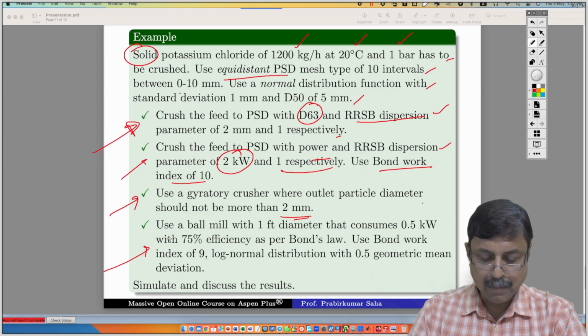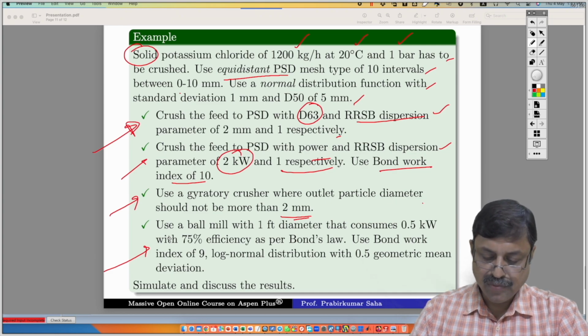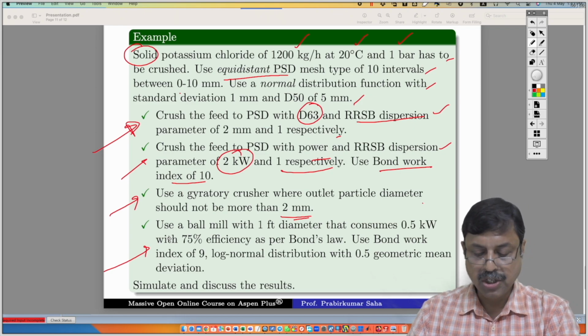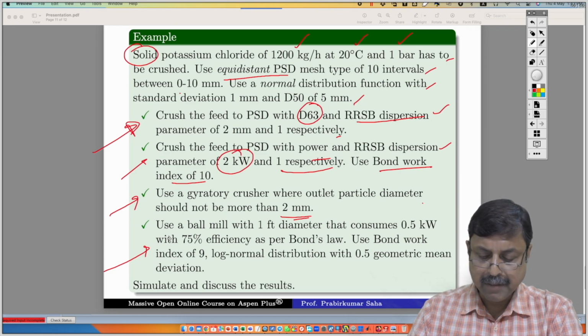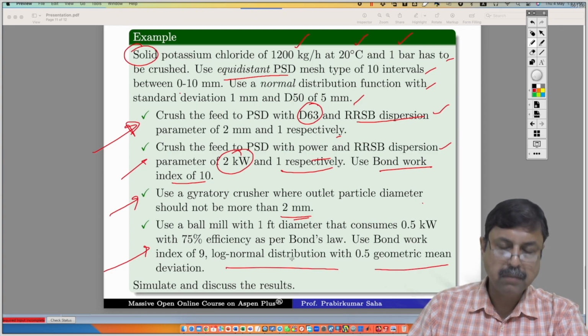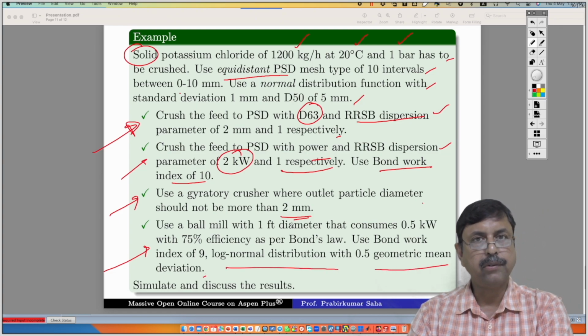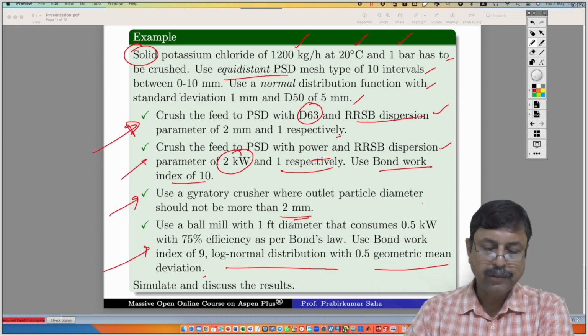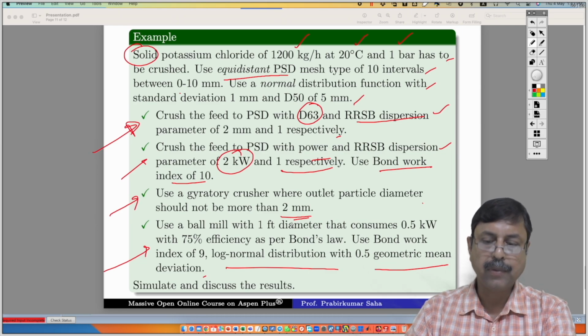They use a ball mill, its diameter is 1 foot, it consumes 0.5 kilowatt and it has an efficiency of 75%. It doesn't operate at 100% efficiency as per Bond's law. And here the Bond work index has been given, and the log normal distribution with 0.5 geometric mean deviation. So that is also specified.